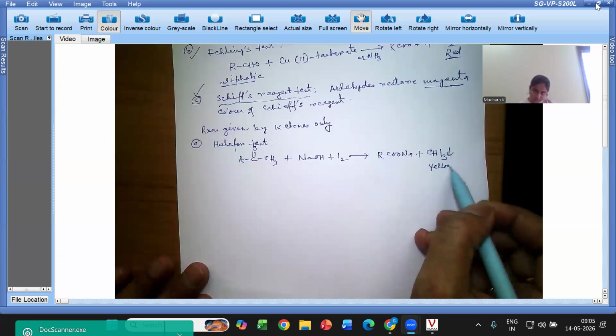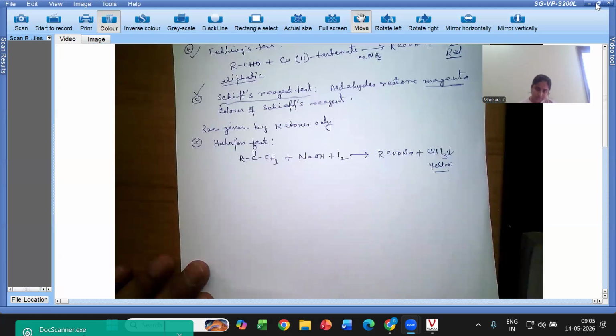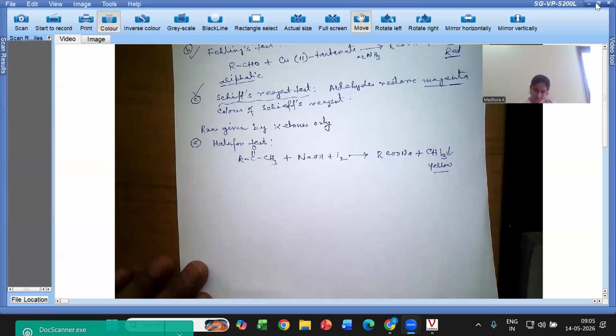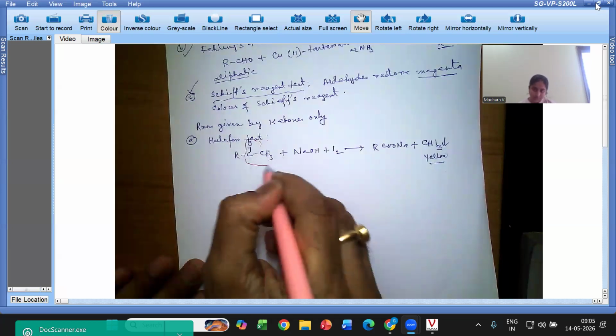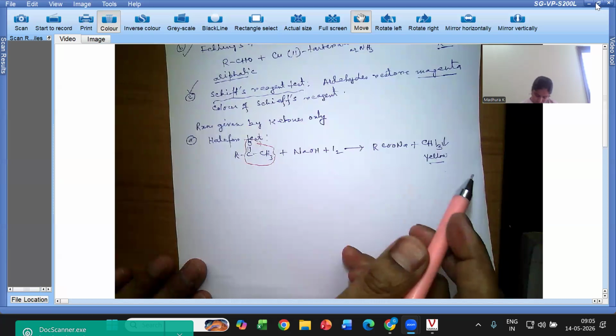This group is present, this keto methyl group, and you use sodium hydroxide and iodine.